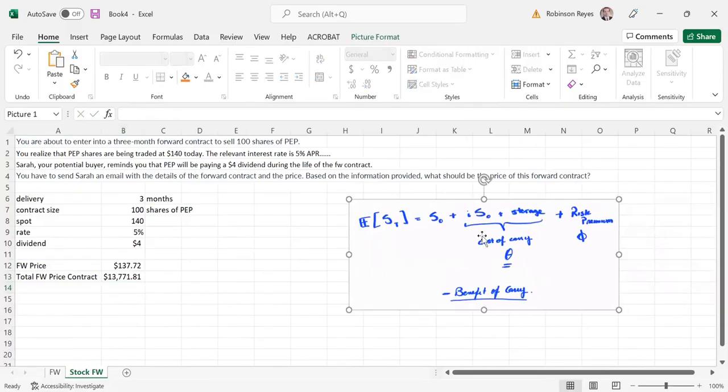Let's keep in mind this formula. You can find it on Canvas, and you can find many other details and more information. I would encourage you to go to that module and read that information.